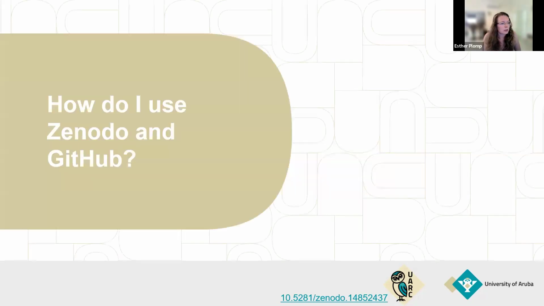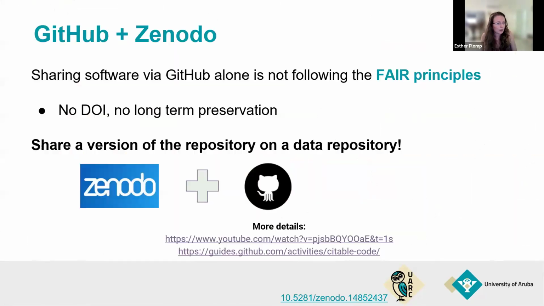Okay, let's see. Yes, so the next thing that I wanted to discuss briefly is how do you actually use Zenodo and GitHub together if you want to share some software. And that is important to do because, again, putting software on GitHub alone is not following the FAIR principles in the sense that GitHub does not assign a DOI to your research output.